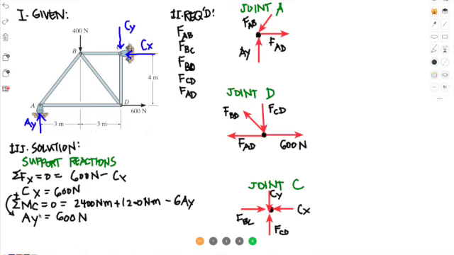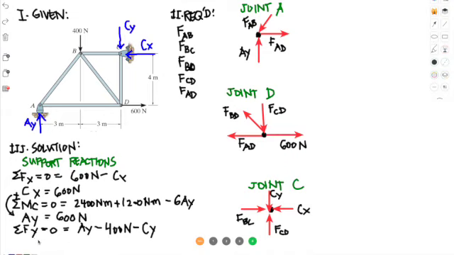And if we do a summation of forces in the Y direction, summation of forces Y equals 0, the forces going up are AY and nothing else. So that's minus 400 Newtons, and according to our assumption here, this is minus CY. So this is 600 Newtons minus 400 Newtons, that's 200 Newtons minus CY.